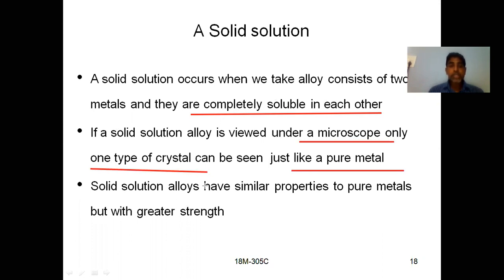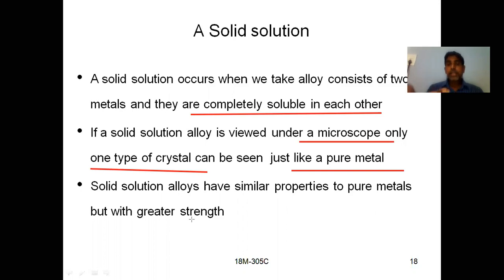And solid solution alloys have properties similar to pure metals, but with greater strength. The strength will be more compared to your pure metals when you go for the alloys.